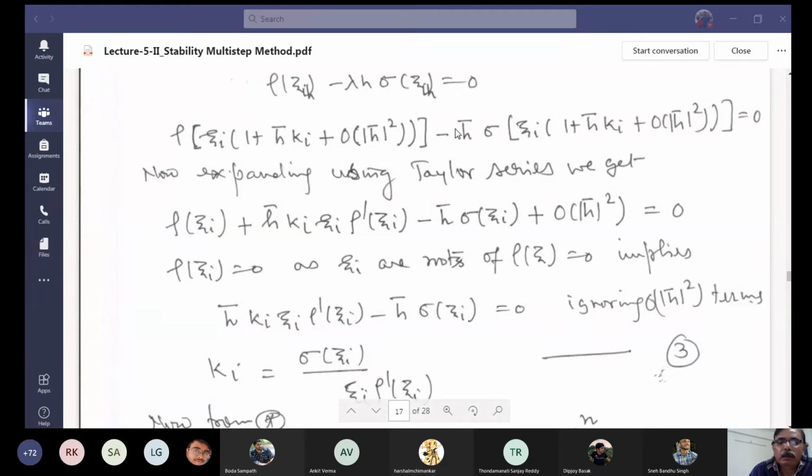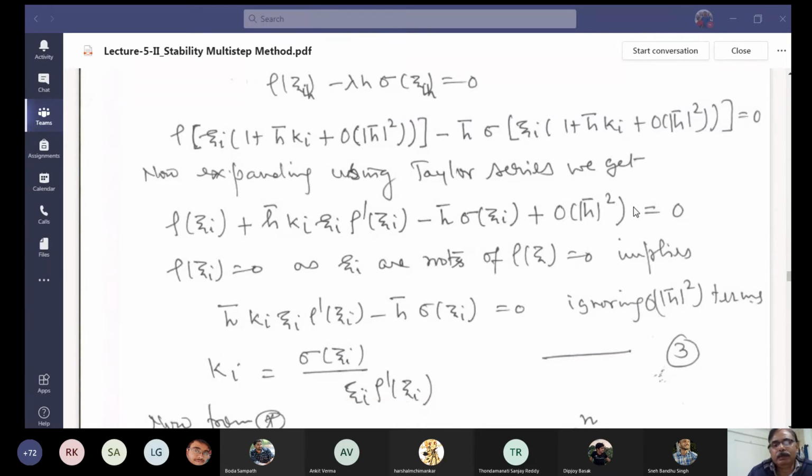The next term will be capital order h square, so that will be absorbed in this. This capital order h square with h bar will be capital order h cube, which is again absorbed in capital order h square, being the lower order term. So finally we have got rho xi i plus h bar ki xi i rho prime xi i minus h bar sigma xi i plus capital order h bar square equal to 0.